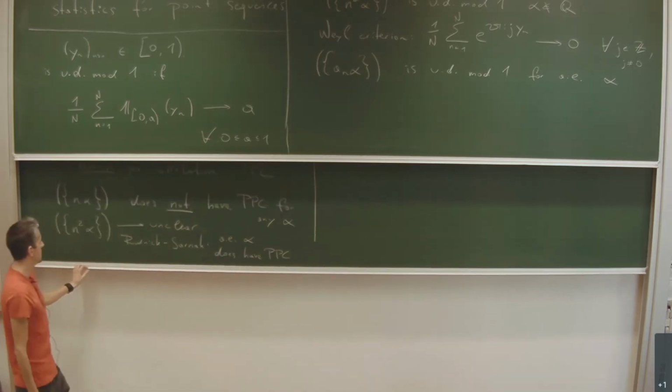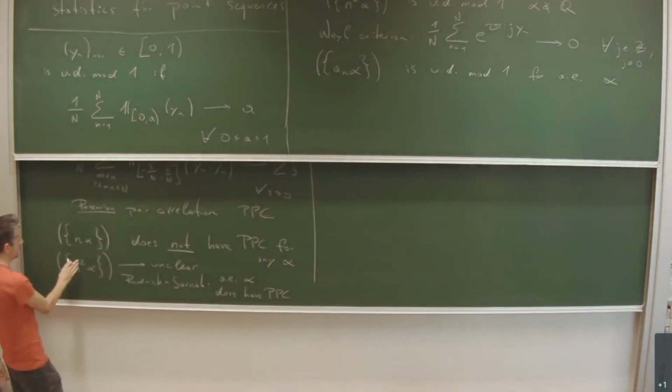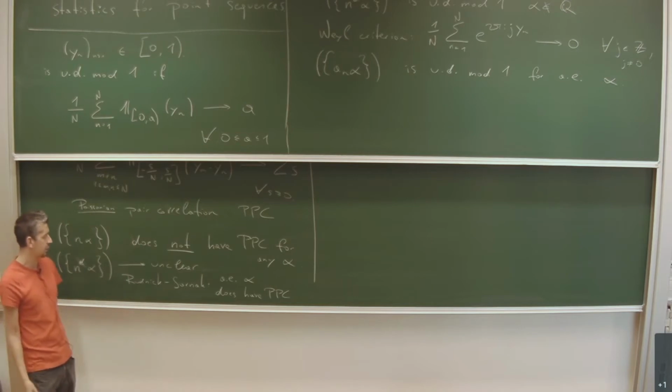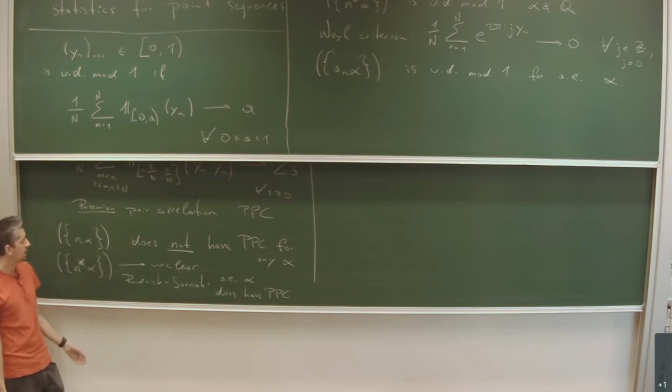And the result remains the same if you don't have squares but higher powers. So if you take n to the d times alpha, d is 2, 3, 4, something else, we don't know about specific values of alpha, but the metric result still holds. For almost all alpha, such a sequence has Poissonian pair correlation.